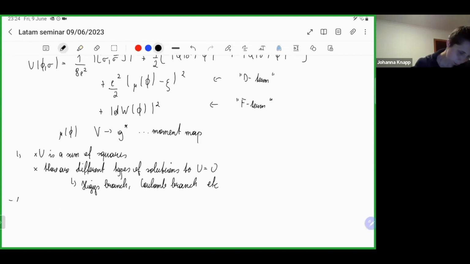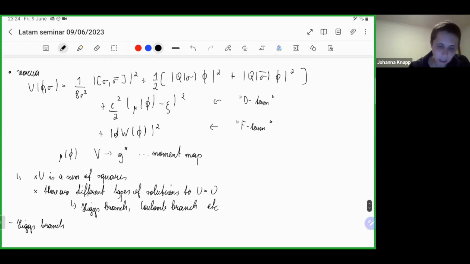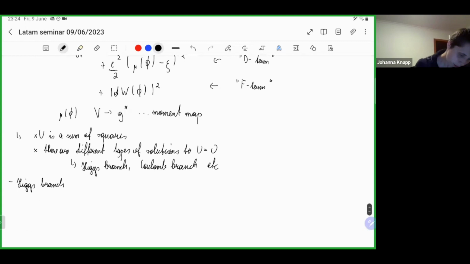All right, so let me talk about the Higgs branch first, because this is sort of a generic way to get this U of phi close to 0. And if you look at the first line here, this is the only terms where the sigma fields make an appearance. So one very intuitive thing to do will be to set all the sigmas to 0, and that already eliminates the first 3 terms, the whole first line. And this is actually what is really done on the Higgs branch.